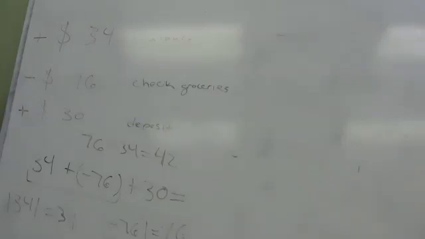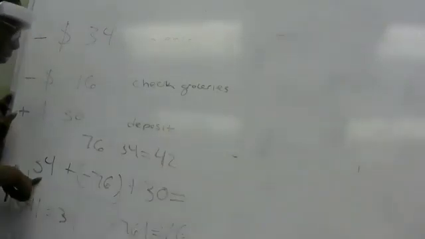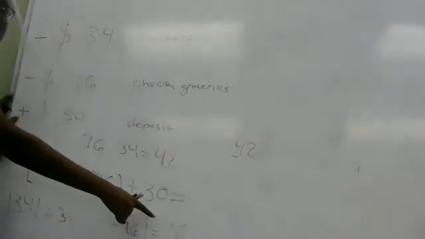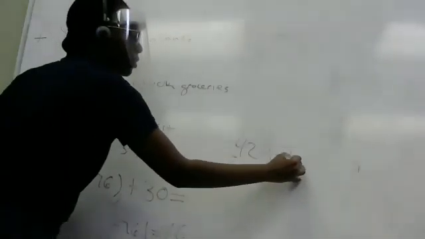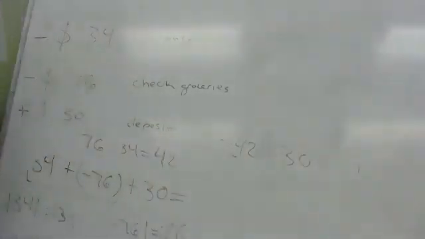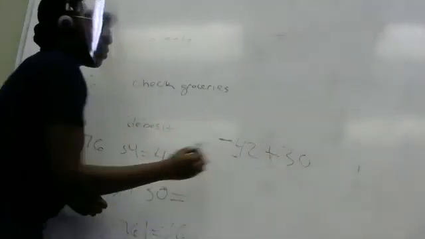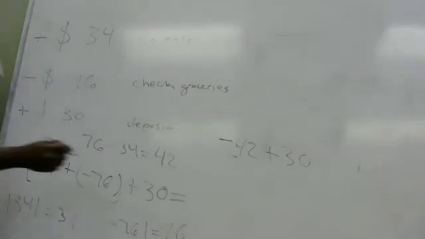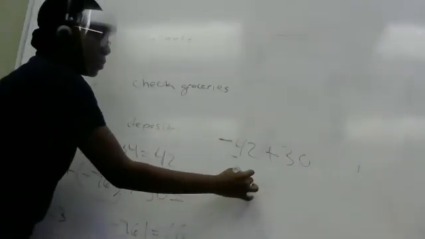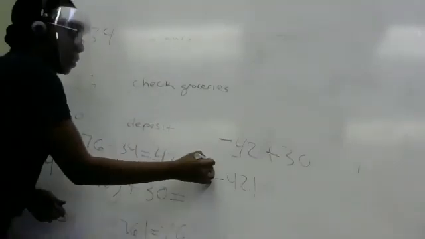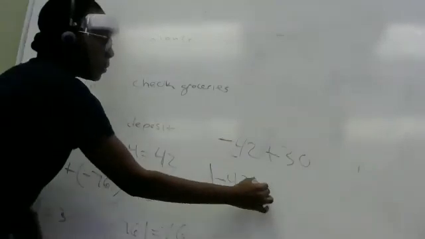Why? Because 76 is greater than 34. So now I have -42 plus the 30 that we didn't use. How do I add these numbers? Absolute value of -42 is 42.